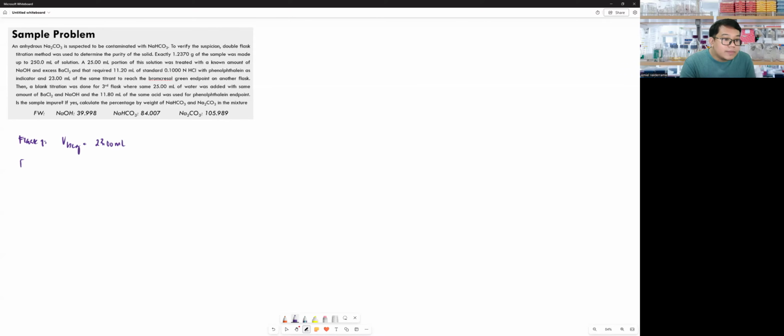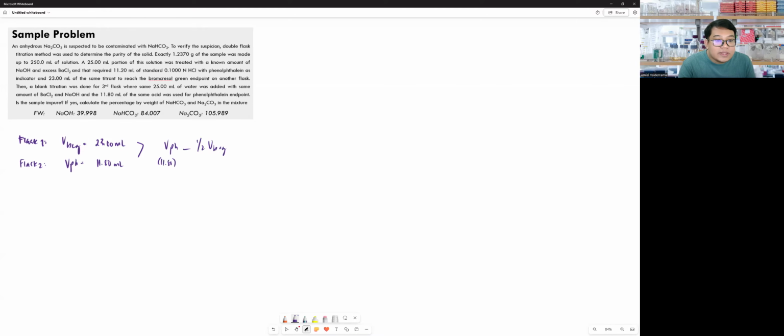Then in flask 2, he used phenolphthalein, how many? 11.8 ml. So now, let's check for the volume relationship, VPH and half VBCG. So our VPH is 11.8.